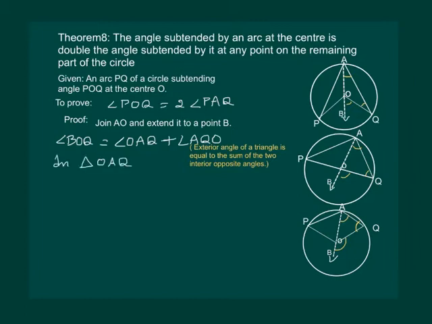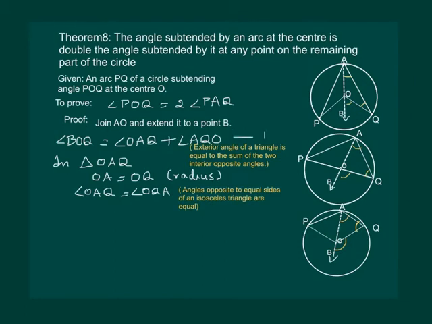In triangle OAQ, we know that OA equals OQ because they are the radii of the circle. But in a triangle, angles opposite to equal sides are equal. So that would mean that this angle and this angle will be equal.